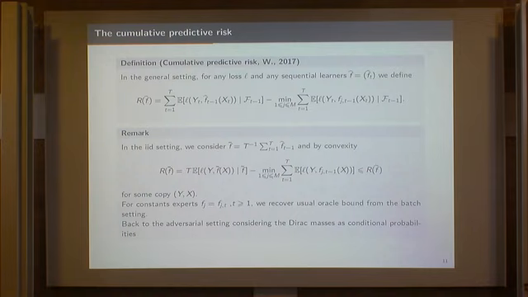And then because f_t is a learner, so it depends only on the past, you obtain a classical oracle inequality in the sense that you look at the risk of your estimator, and then you subtract the minimum of the risk of your experts.